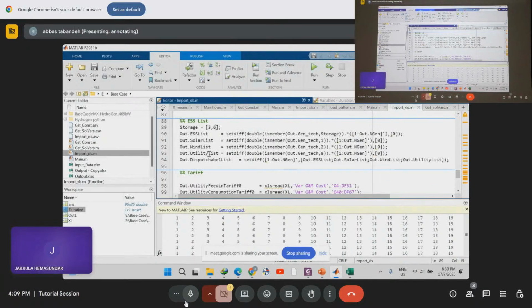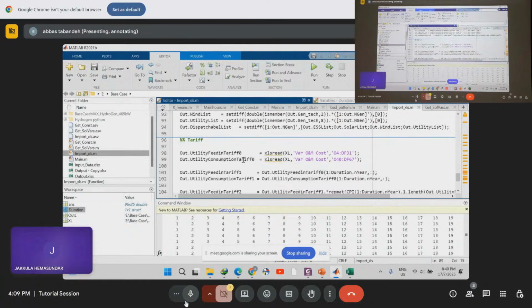We want to define them another index, and we are defining dispatchable list or firm list, as well as the variable renewable energy sources list, that includes energy storage system, solar PV, and also utility list, as well as the hydro.